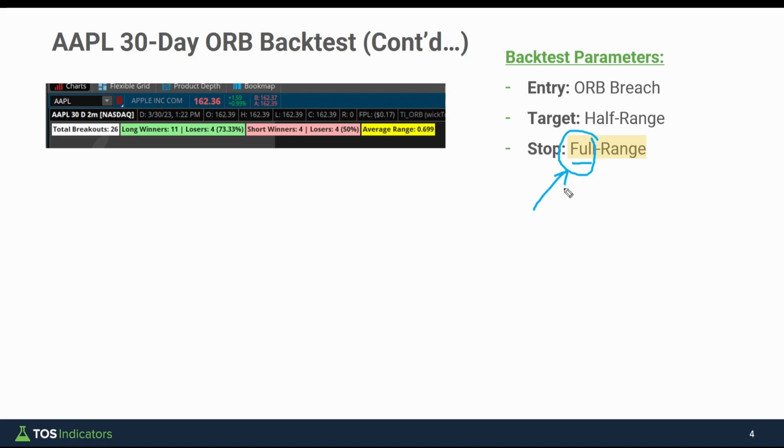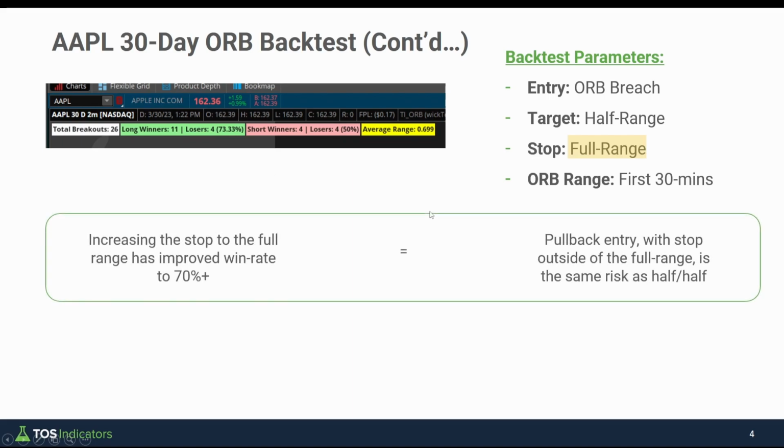What we're trying to find out here is if we do give this trade more room to have a pullback, do we then tend to bounce all the way up back to the half range target? That would also mean that your risk to reward is now skewed in your favor, risking 1 to make 2. So if we take a look at what this one little tweak does to our backtest statistics, we now have 11 winners and just 4 losers, and our win rate has bumped up to about 73.3%.